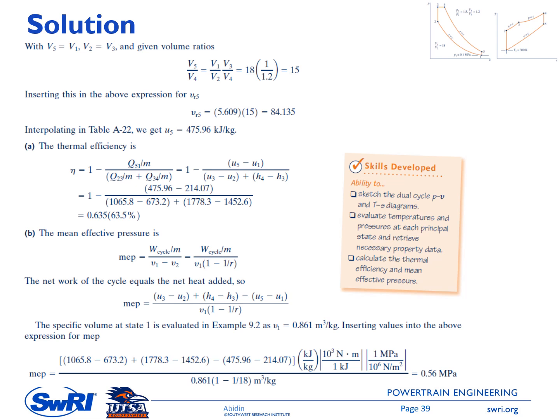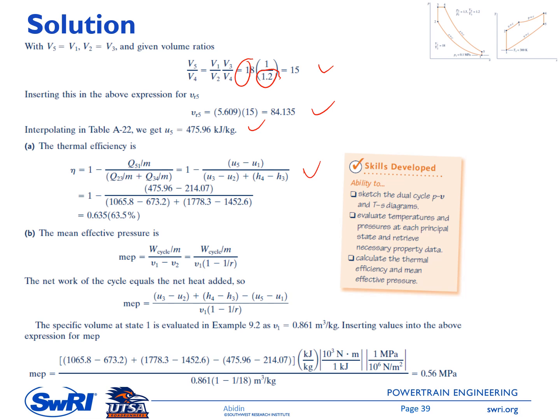So the compression ratio is 18 and V3 over V4 is 1 over 1.2, which is given in the problem. You will get 15 for V5 over V4, then you get VR5 of 84.135, and doing the interpolation you will get U5 of 475.96 kilojoules per kilogram.